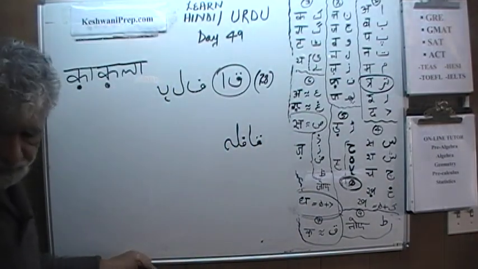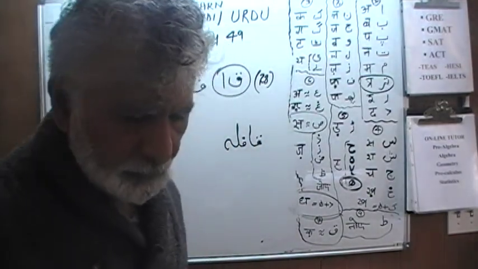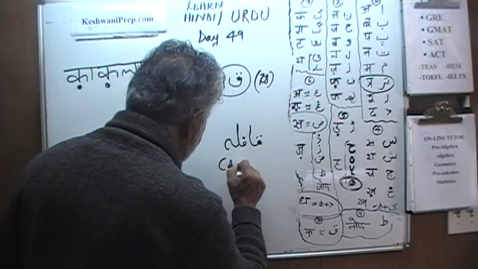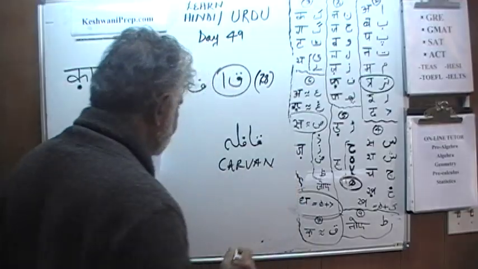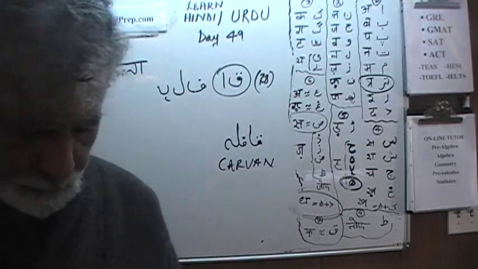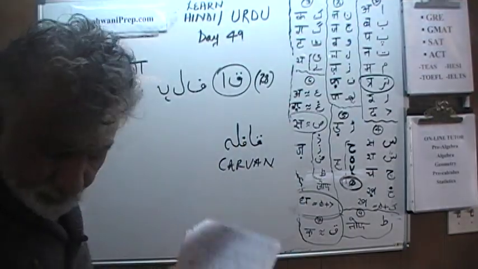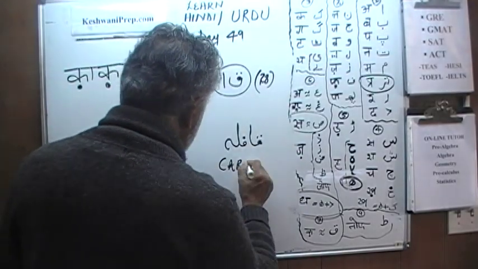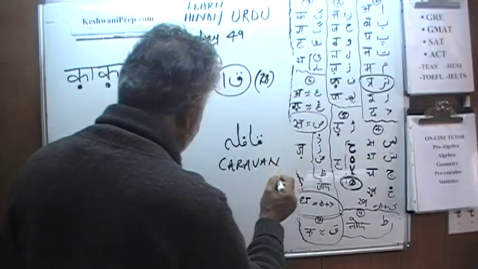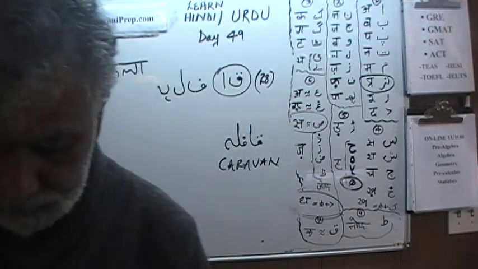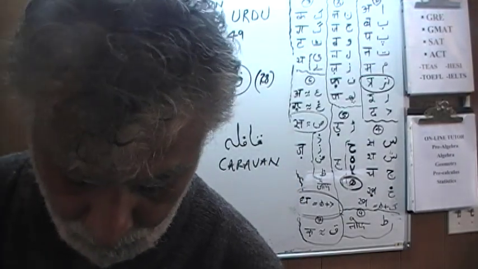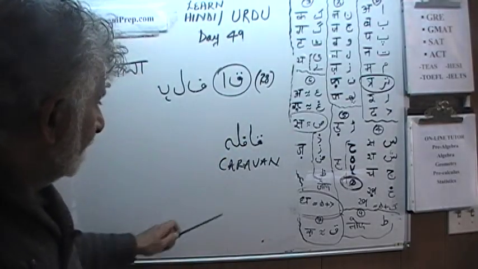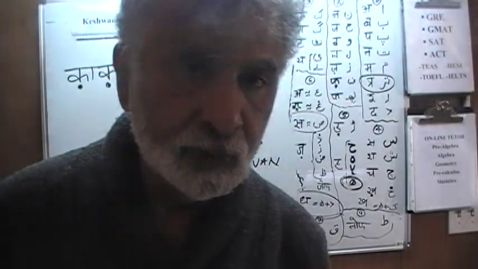Qafla. What does Qafla mean? Qafla means caravan. I misspelled it. It's caravan. A caravan is what one finds in the desert, all the camels and people walking together in a certain pattern. That's called a caravan. Caravan in Urdu is called qafila.